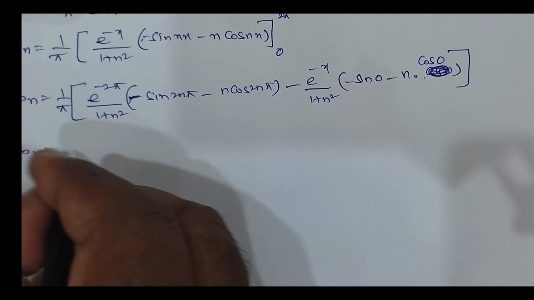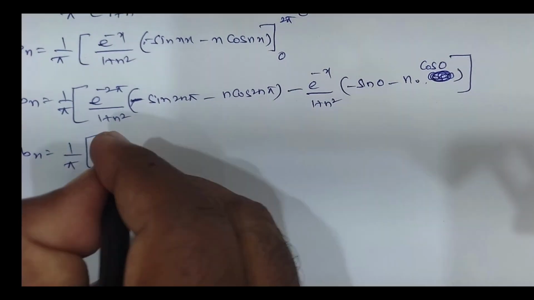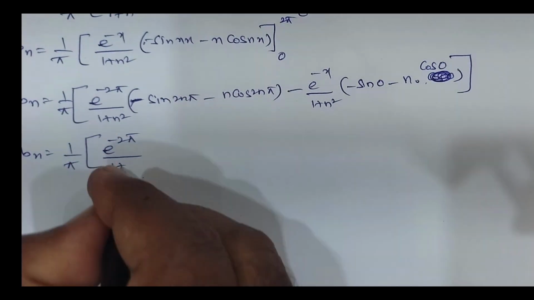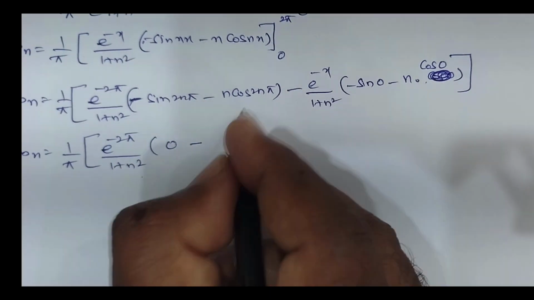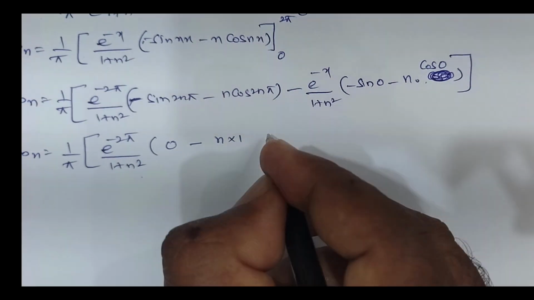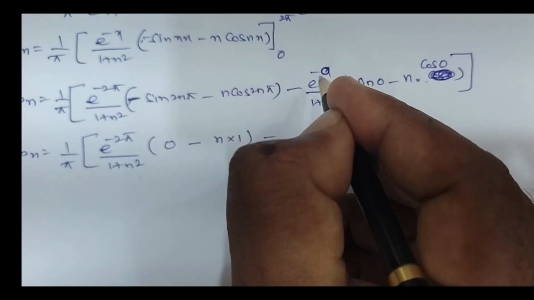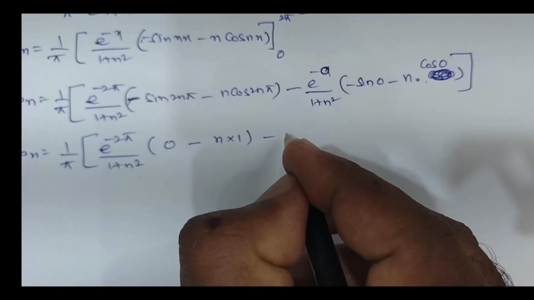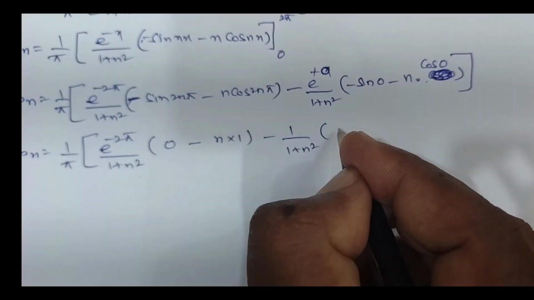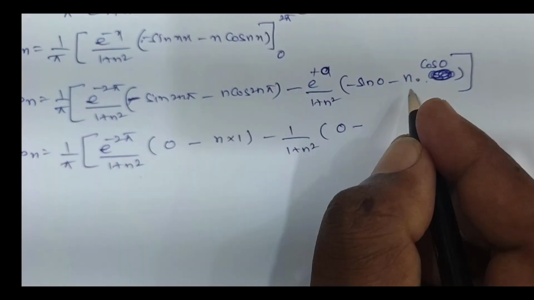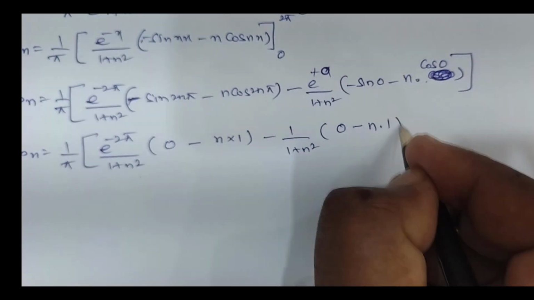So bn is equal to 1 by pi into e power minus 2 pi by 1 plus n square into this value 0, this value n into minus 1. So next, e power here 0, and x means the 0 limit. So e power 0 means 1 by 1 plus n square, this value 0 minus into minus n into cos 0, which is 1.